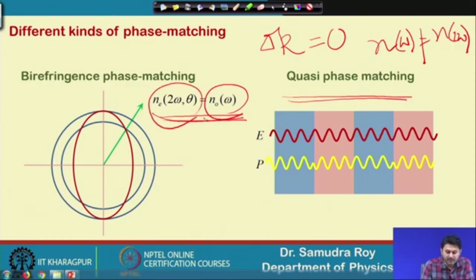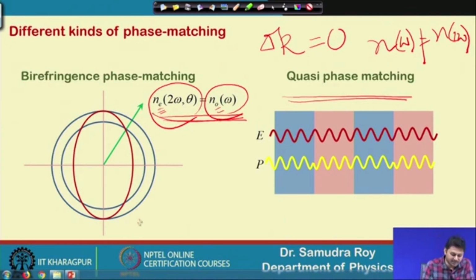That means there is a possibility that we have a refractive index at 2 omega equal to the refractive index at omega, but this refractive index is for the extraordinary ray and this one for the ordinary ray.